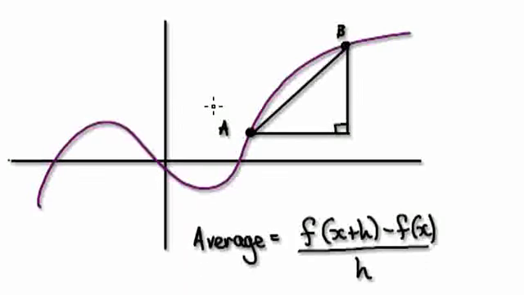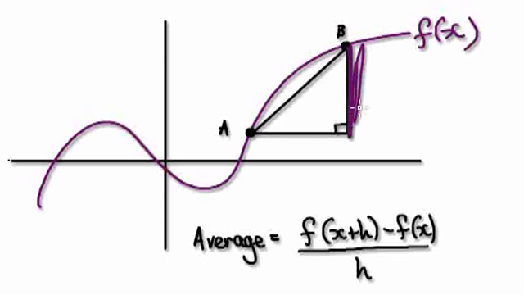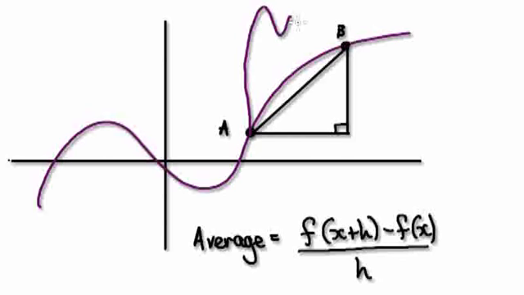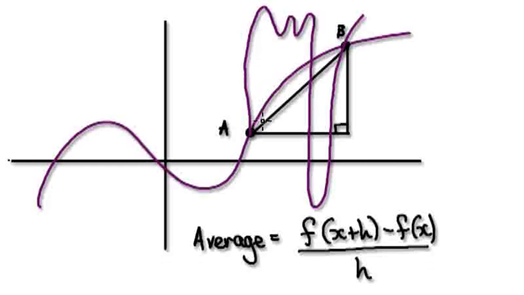Okay, and the other thing is, suppose you have a function f of x here. The average gradient is when you get this height divided by this length here. So you could have a function like this, something like this. You see, the gradient here is really steep.